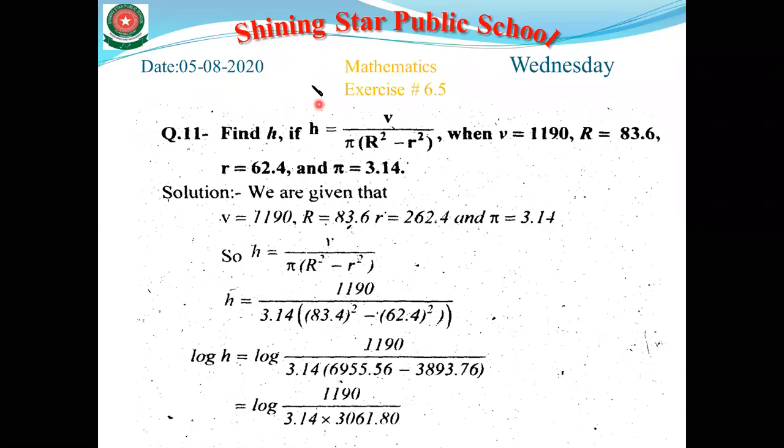Okay. Here you can write log 1190, okay, minus log 3.14, okay, and minus log 83.4, okay, and so on.